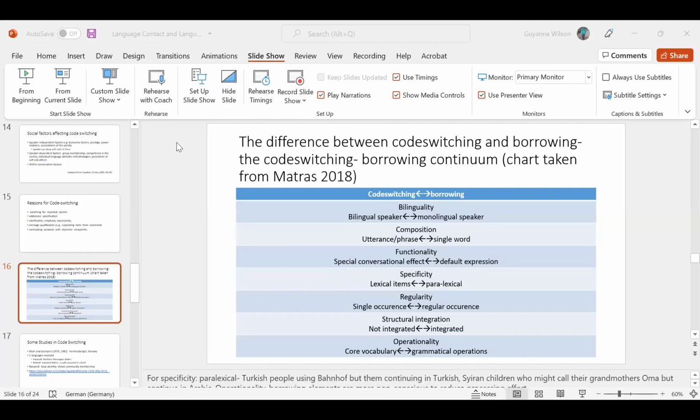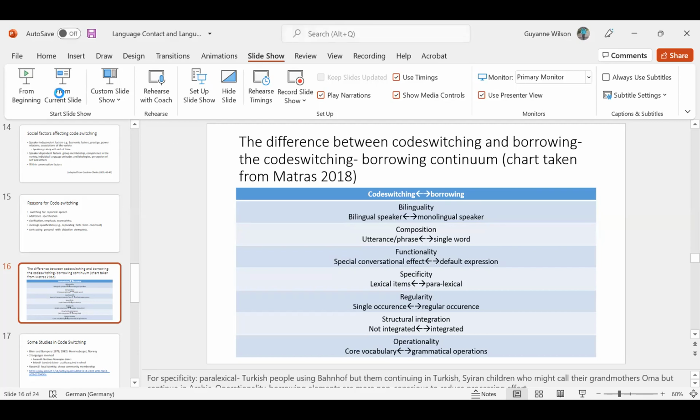Current slide. I can't do both at the same time. One second. Right.